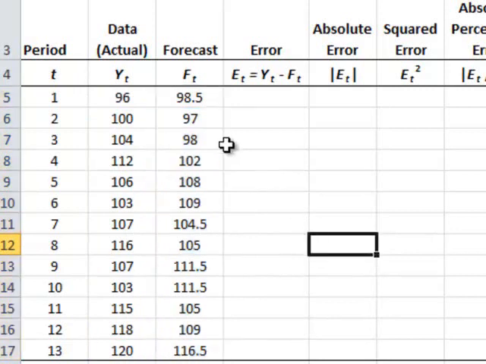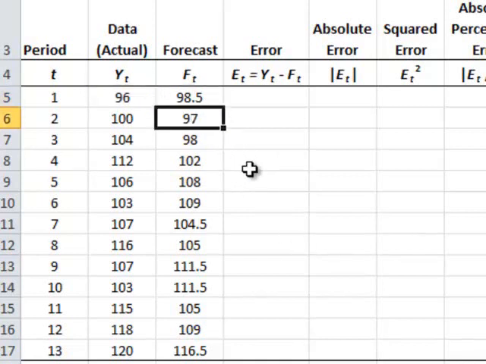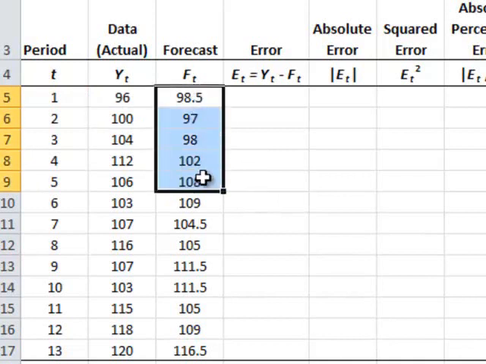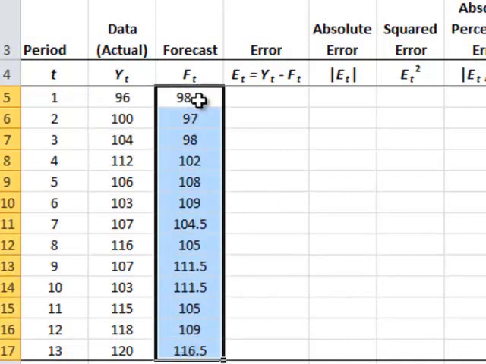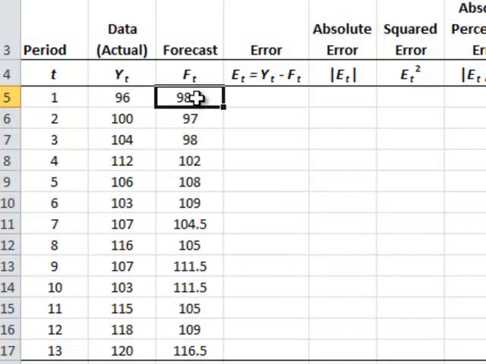So in period 1 I had been forecasting the value 98.5. Later I realized the actual value was a 96. In period 2 I was forecasting a 97, and then it turns out the actual value was 100. Now these forecasts for periods 1 through 13, particularly the forecast for period 1, would have been computed from data that occurred prior to period 1.